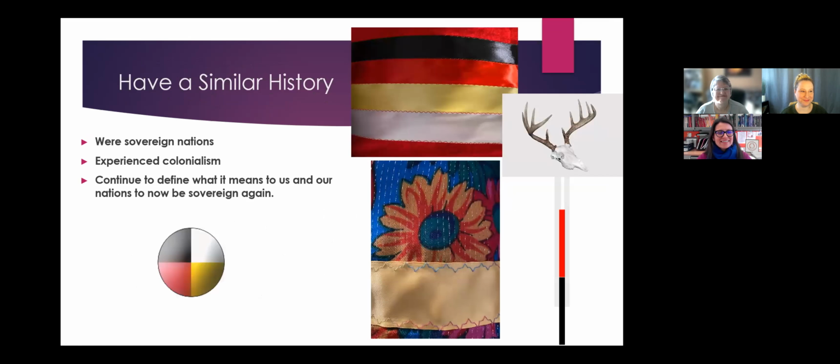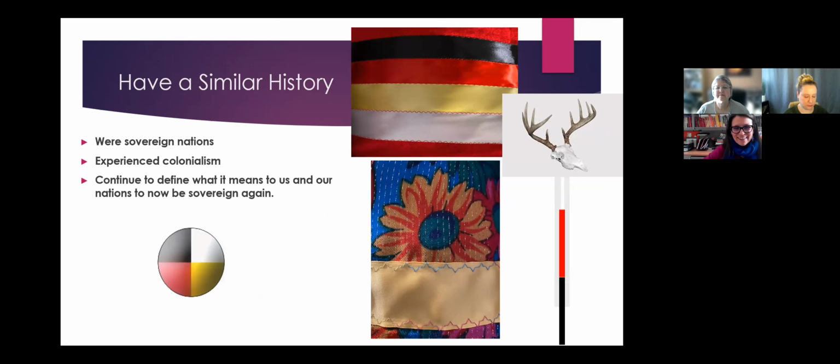Okay, just some visual reminders that all four directions have our four cardinal colors from this part of the Great Plains. But if you look at our medicine staff from my tribe, Athabascan, on the right, you'll see that we have very similar colors.